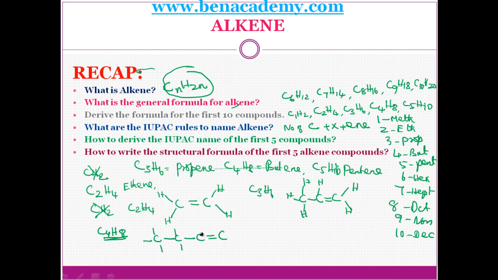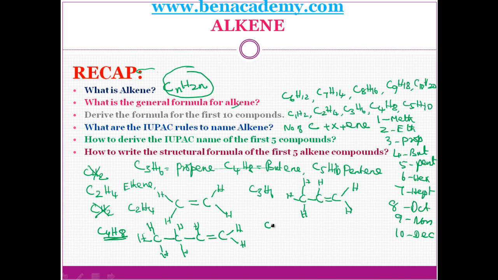For this carbon 1 plus 2, 3 are there, so it requires 1 more. And for this carbon 2 bonds are there, it requires 2 more. Fill all these bonds with hydrogen. 1, 2, 3, 4, 5, 6, 7 and 8. It should be totally 8. So this is the structural formula for C4H8.